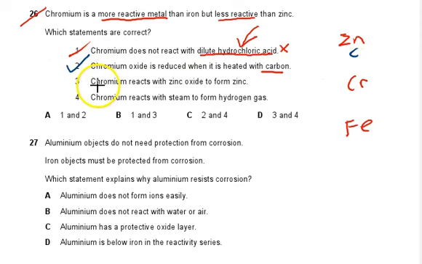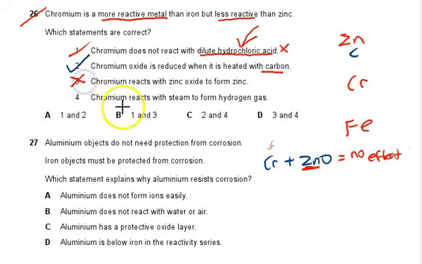Here, chromium reacts with zinc oxide to form zinc. Zinc is already more reactive than chromium, so this has no effect. So number 3 is not selected.